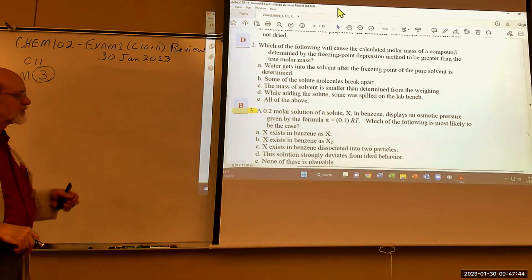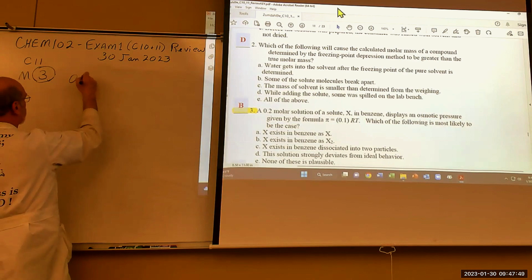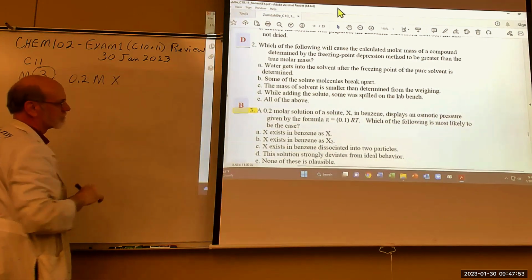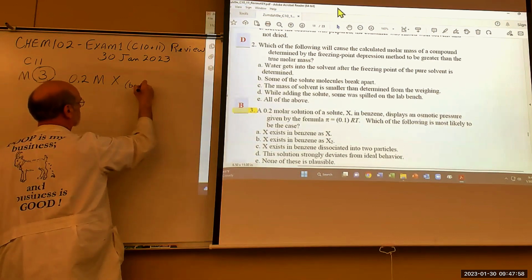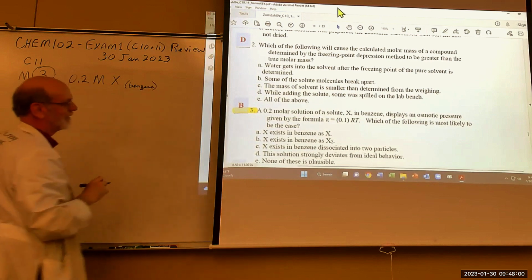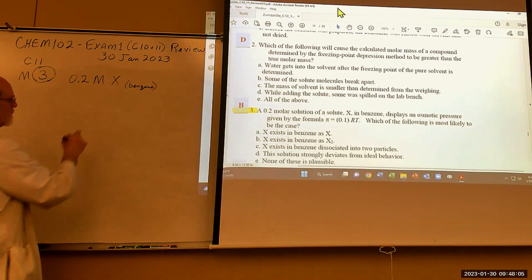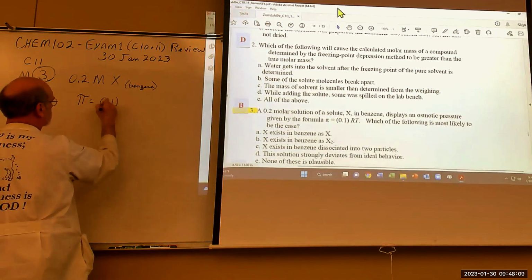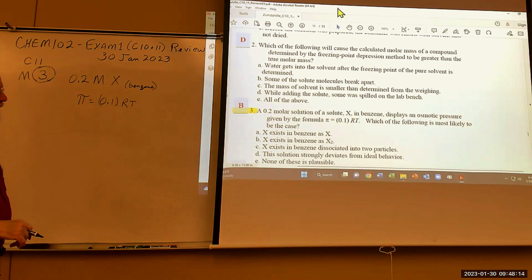A 0.2 molar solution of solute X in benzene displays an osmotic pressure given by the formula pi equals 0.1 RT. Which of the following is most likely to be the case?